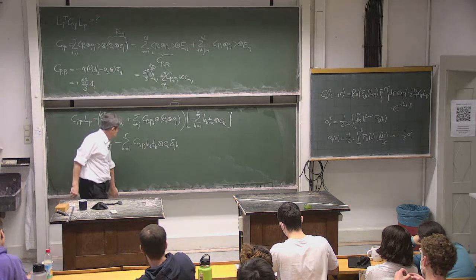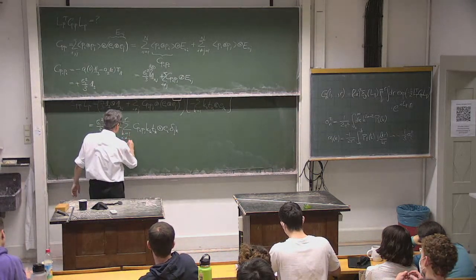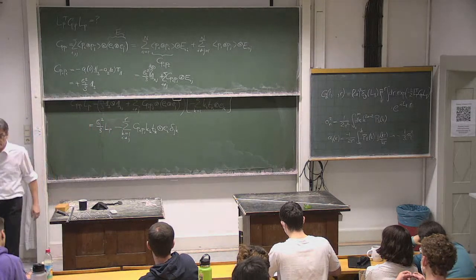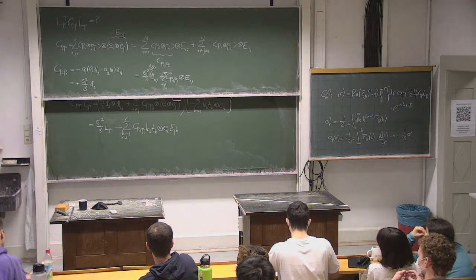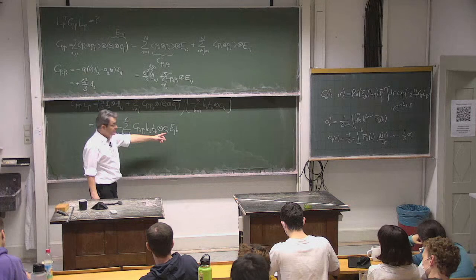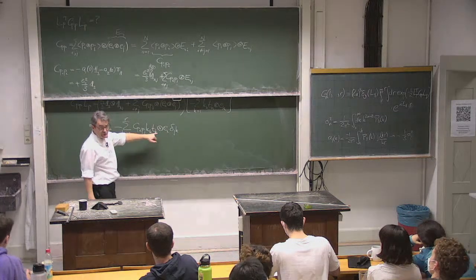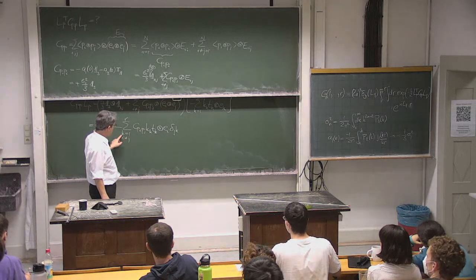And again, of course, we also have to sum over I different from J. But now the delta_JK just reduces this sum here dramatically.